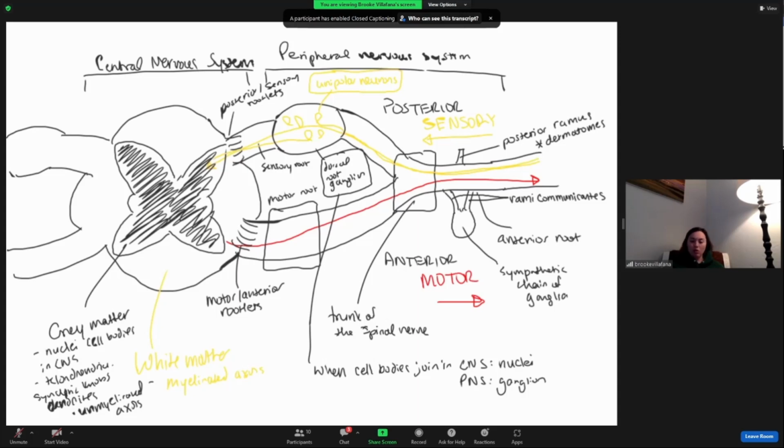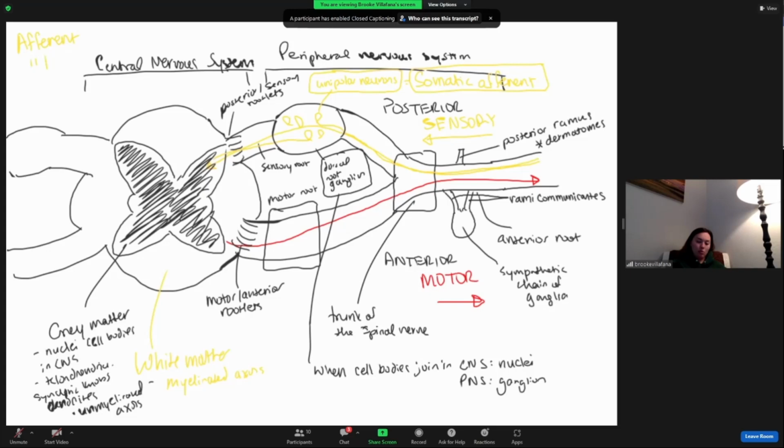We can also call them somatic afferent. Remember all the way back to the nervous tissue lecture, the afferent system comes towards the spinal cord, versus our efferent system, which goes away from the spinal cord. E is away.